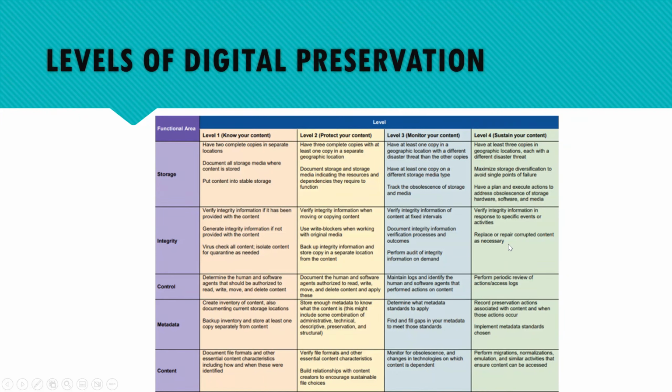Again, that takes a certain level of skill to be able to do. Just being able to verify integrity information of content at fixed intervals, that takes different archival programs and an understanding of how to use these programs. So you can see a lot of the characteristics of digital preservation and a lot of the challenges associated with digital preservation represented in this document.